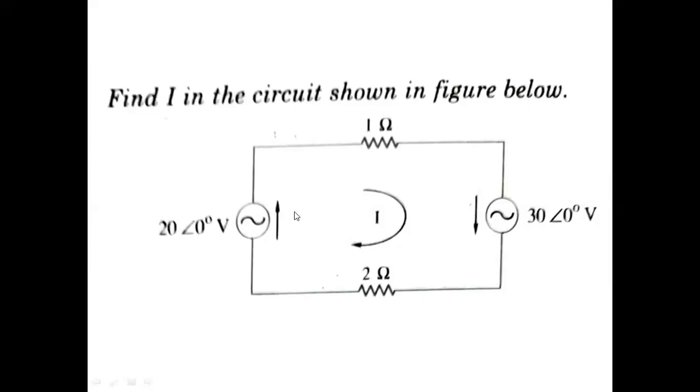This is a potential rise. So the drops are I and 2I. Oh, the solution is correct only.